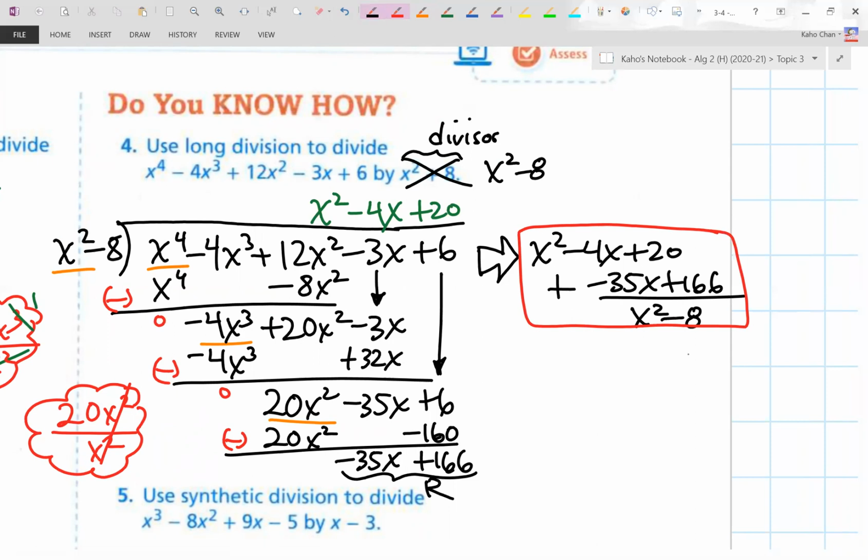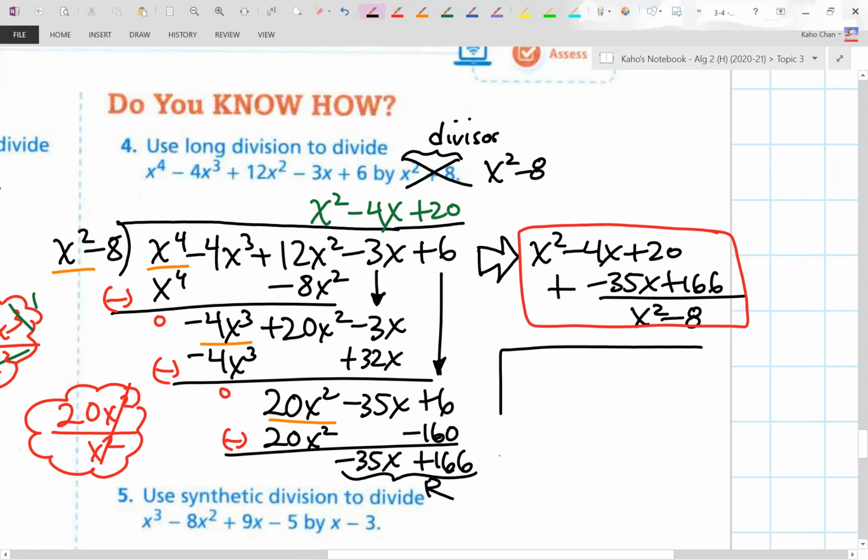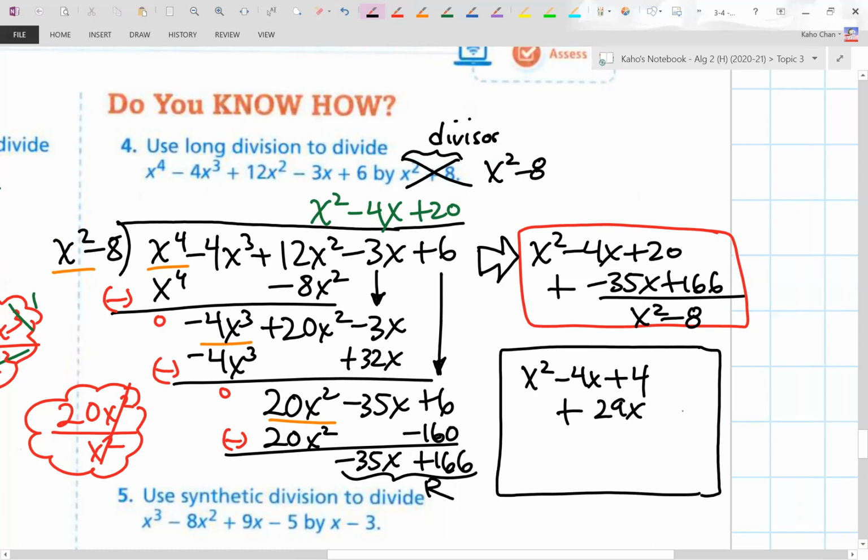In the book, your actual note taker, the answer is x squared minus 4x plus 4, plus 29x minus 26 divided by x squared plus 8. That's if this is in the book, in the note taker.